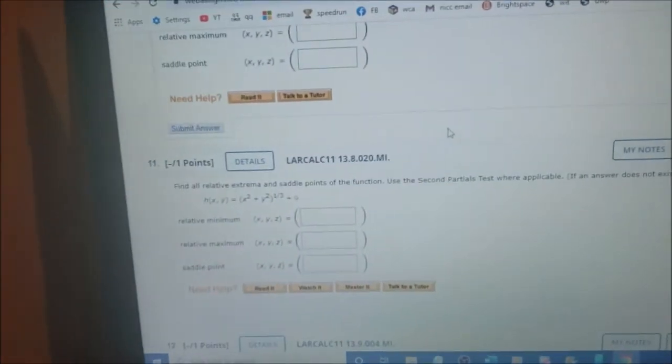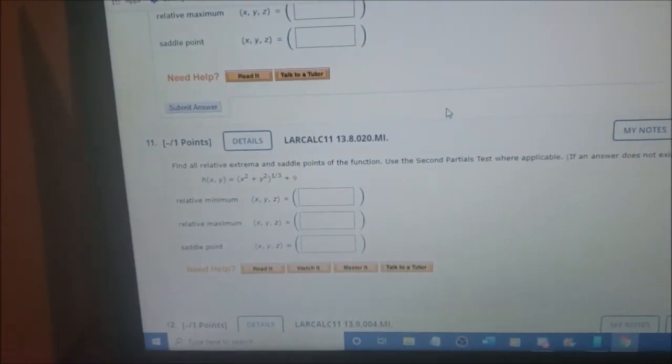Thankfully, very, very thankfully, there's only 2 questions for this, because these seem like they're going to be very complicated questions to try to answer. And also, I'm very thankful that they have a tutorial question, because when you click the master it thing, it takes you through a tutorial of how to do the question. So that will make my life extremely much easier. So yeah, I'm gonna now try to do those 2 questions. And it is 2:36, and I'll get back to you when I'm done with that.